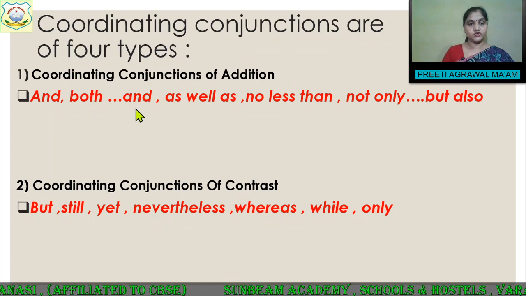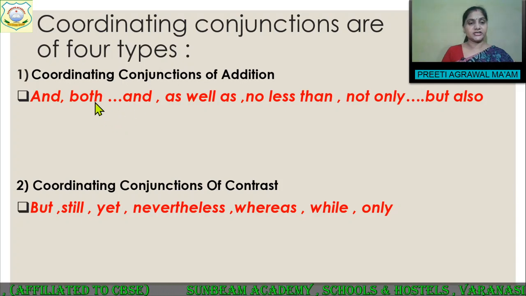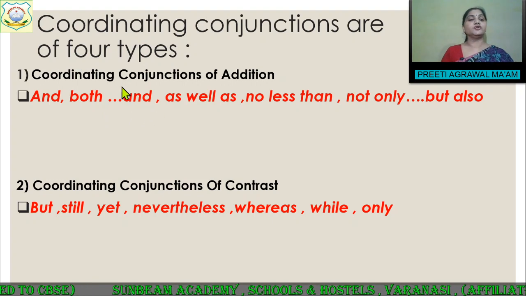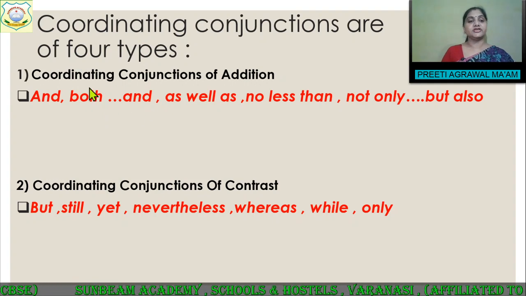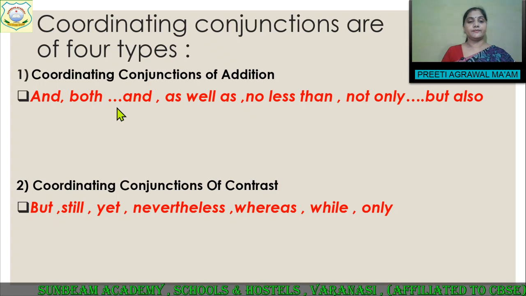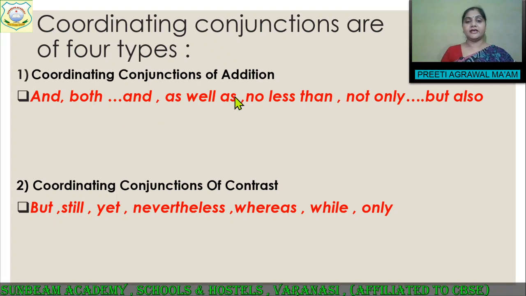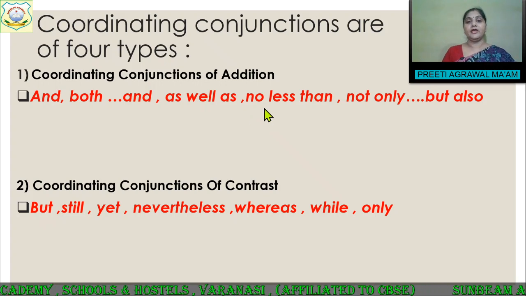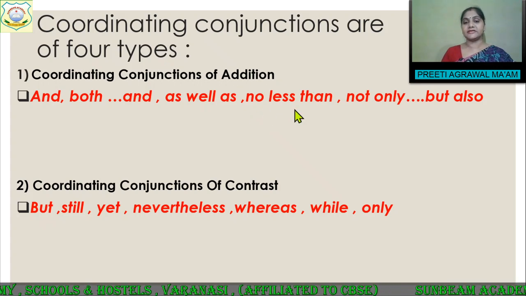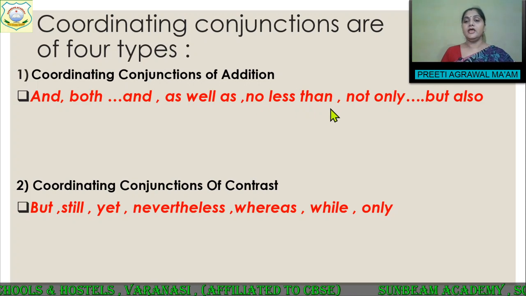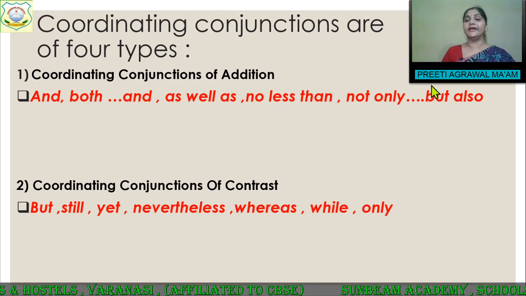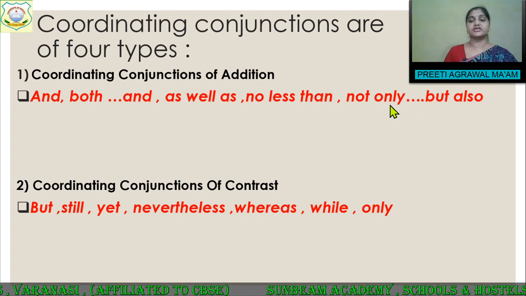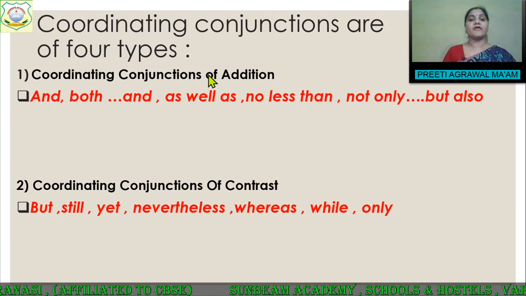Two conjunctions are written together, in pairs, so this is your correlative conjunction. I will tell you how you can use it. As well as is what type of conjunction? Compound conjunction. No less than is also an example of compound conjunction. Not only but also is a correlative conjunction example, which I have used in coordinating conjunction of addition.